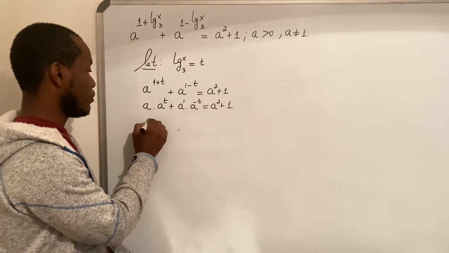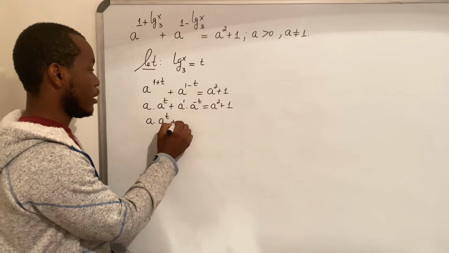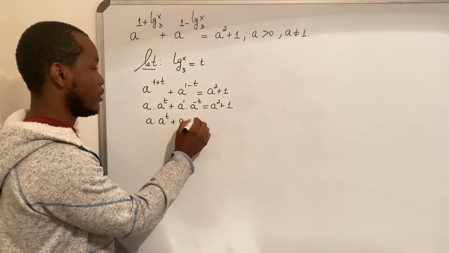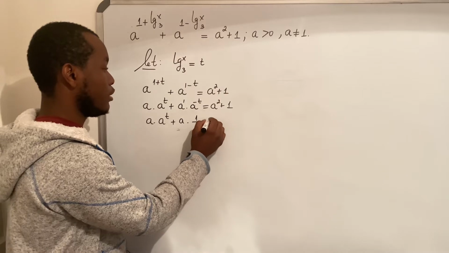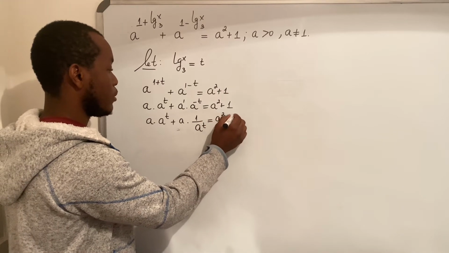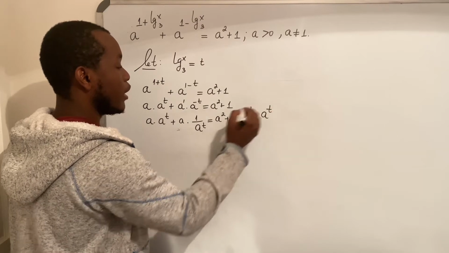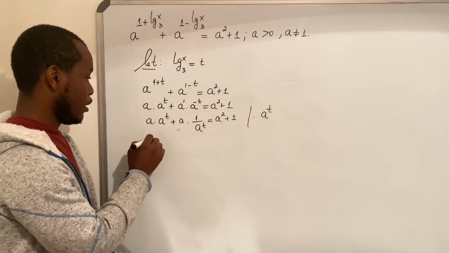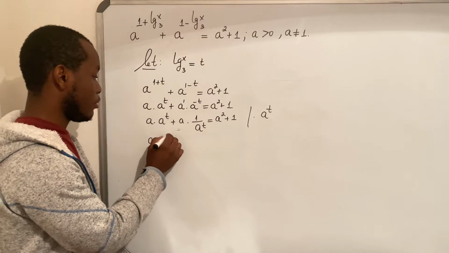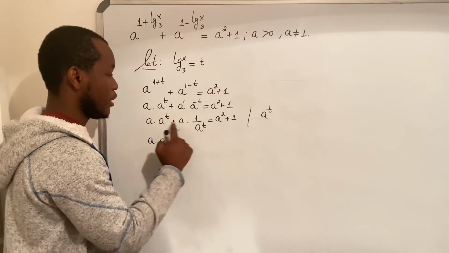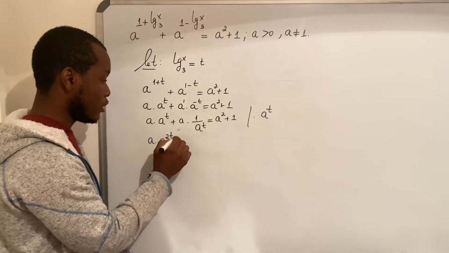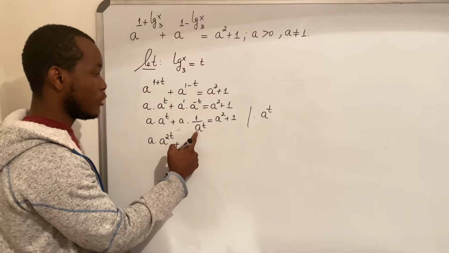Now what we do, we can say this is 1 over a to the power t equals a squared plus 1. We can multiply both expressions by a to the power t. Here we will have a times a to the power 2t, because the base will be the same and we add the exponents. And here this a to the power t will cancel.